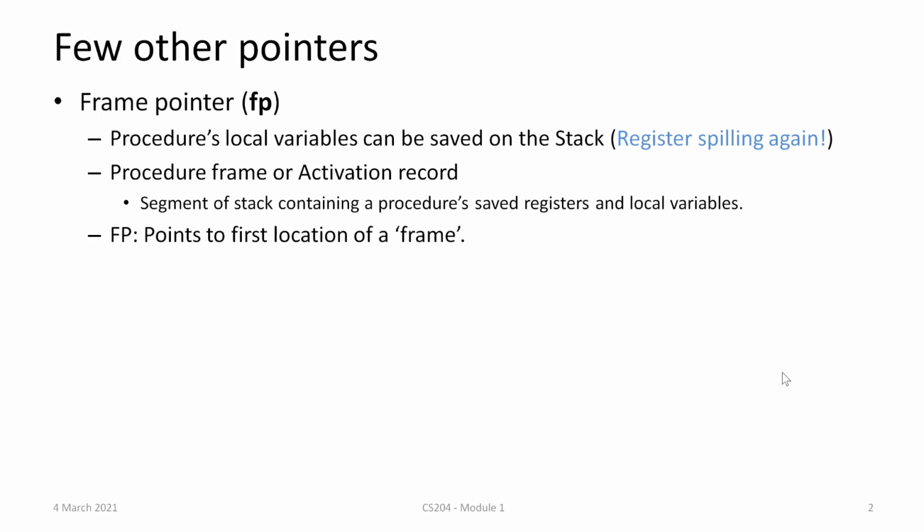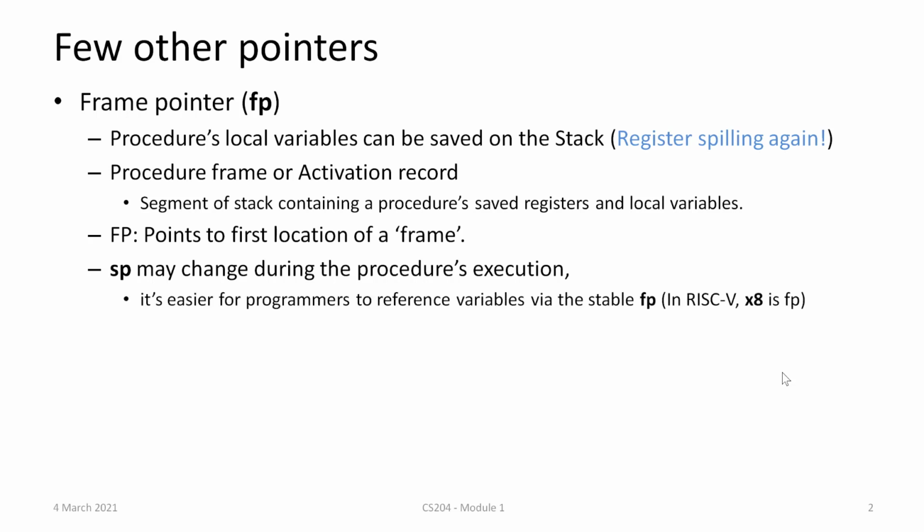Just like we keep growing, placing the elements onto the stack and retrieving them, the stack pointer can change during the execution of this procedure, but the frame pointer will always point to the first location of the frame.